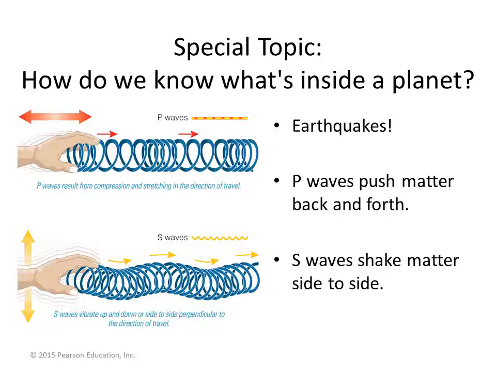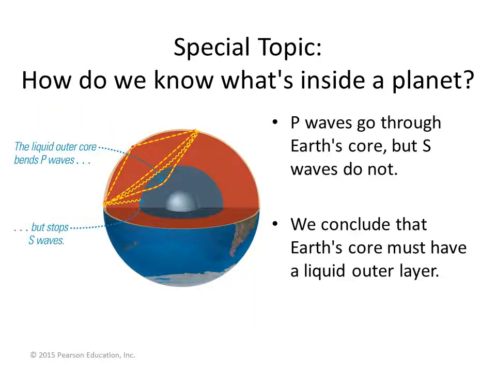Both types of waves are generated by an earthquake, but obviously the P wave travels faster because it's pushing and pulling in the direction of motion, or in the direction the energy is moving. S waves travel considerably slower. So what happens is P waves can go through the Earth's core, but S waves don't. So we think that the Earth's core must have a liquid outer layer.